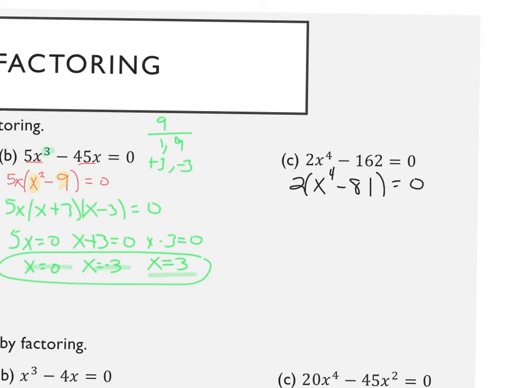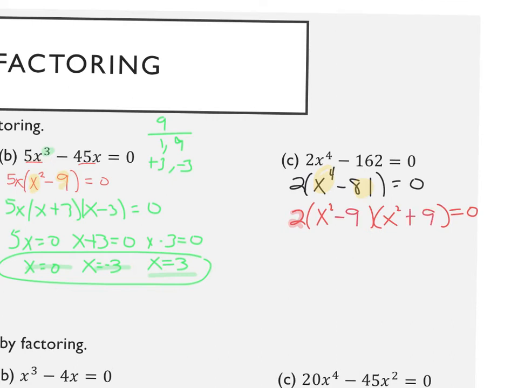Notice we have a perfect square and a perfect square. So we can factor very similarly to how we did the previous 2 examples. So we know we'll have 2, the square root of x to the fourth is x squared, and the square root of 81 is 9.